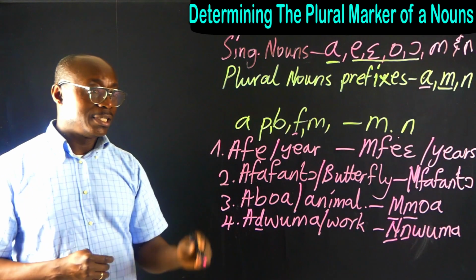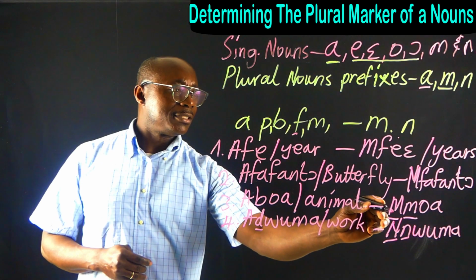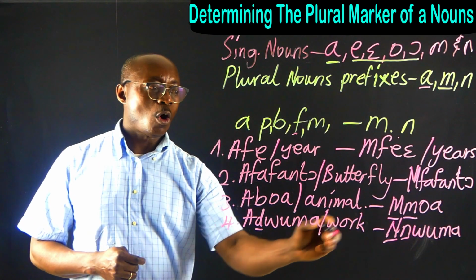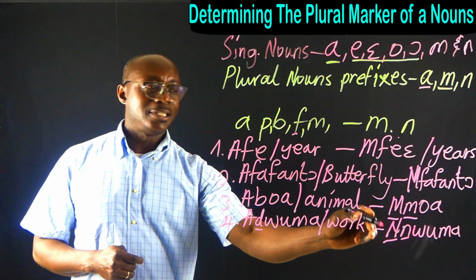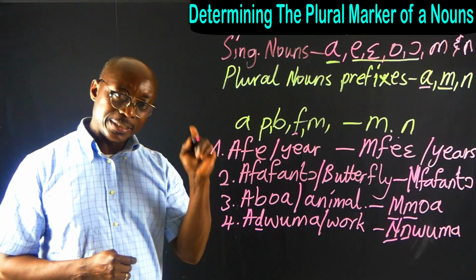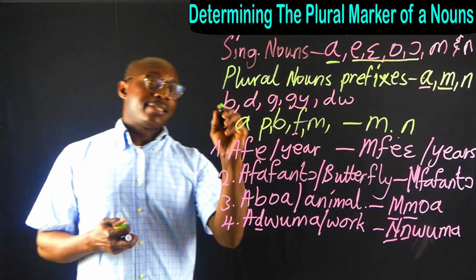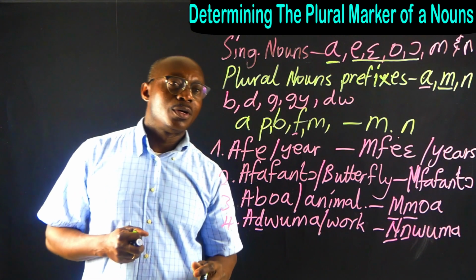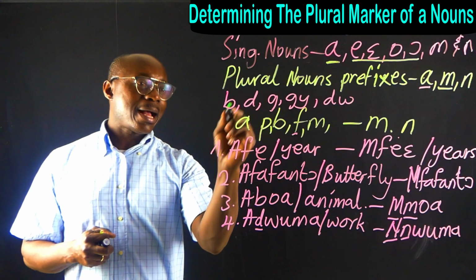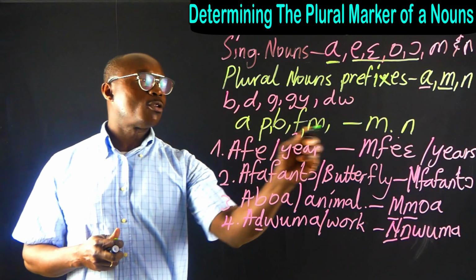But now, the next is, why is it that we are having double M or double N in the plural form of some nouns? This is the reason. This is the answer. When the plural marker, we're talking of what?